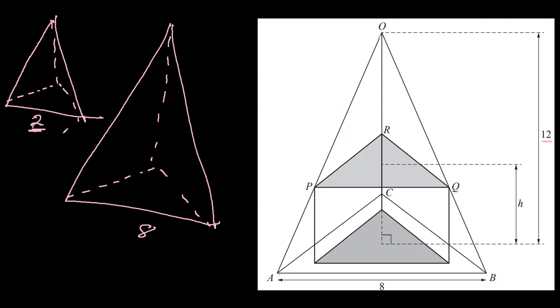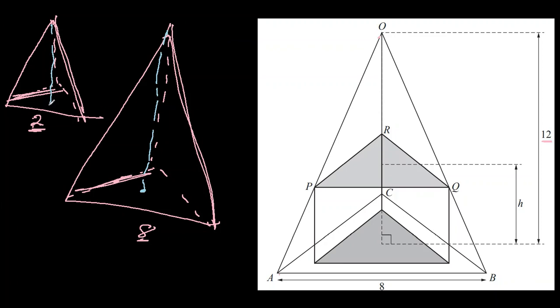That means the ratio is 1 to 4, right? 1 to 4. So same will be the ratio of this side and this side, and same will be the ratio of the heights. What is the height of this? From this vertex till the base. The ratio of the heights will also be same.